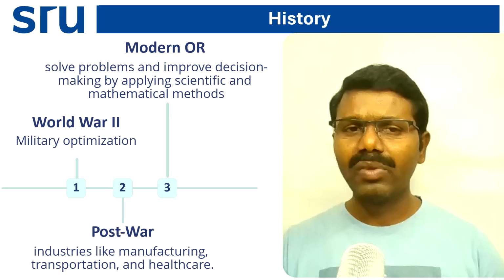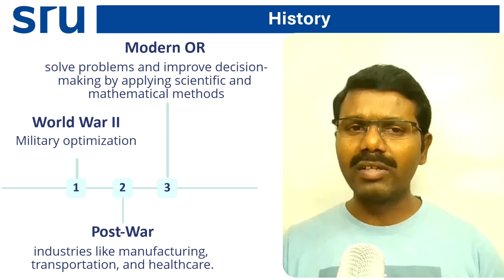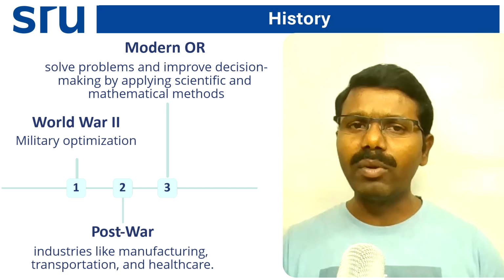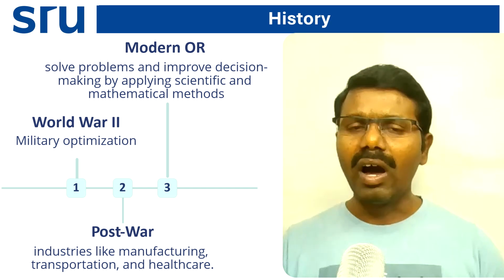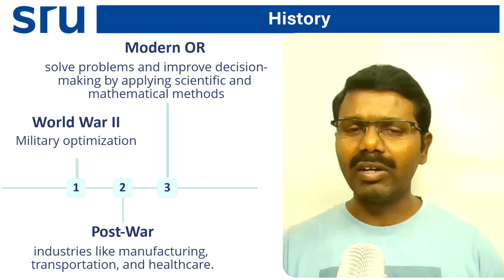At that time, every country was trying to protect itself with the available military. The small countries had less military, but still they needed to protect the country on all sides. At that time, they used operations research techniques to optimize the military operations based on the importance and the availability of the military forces.